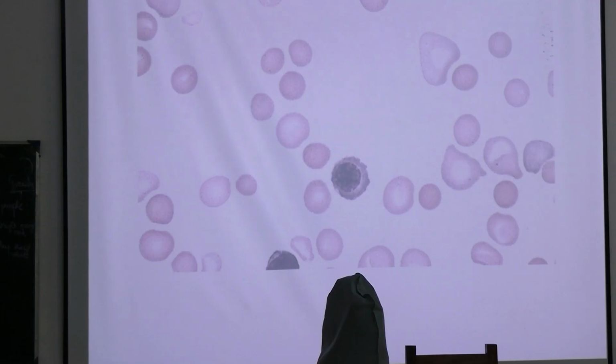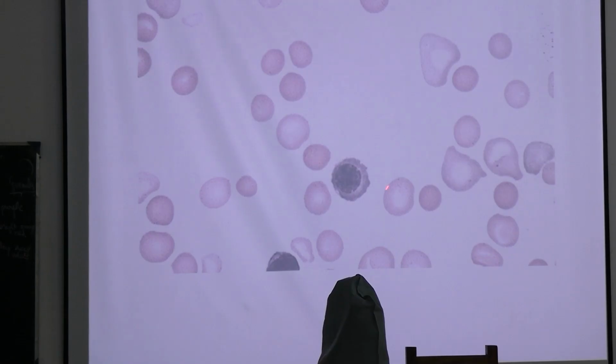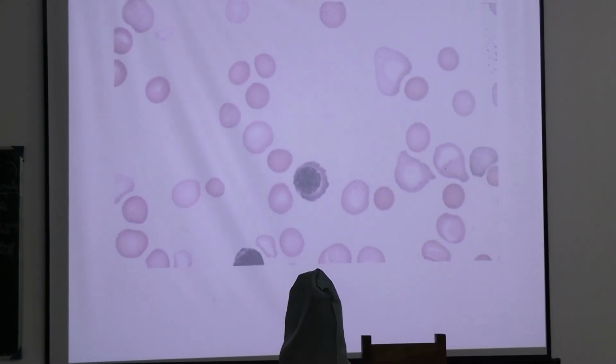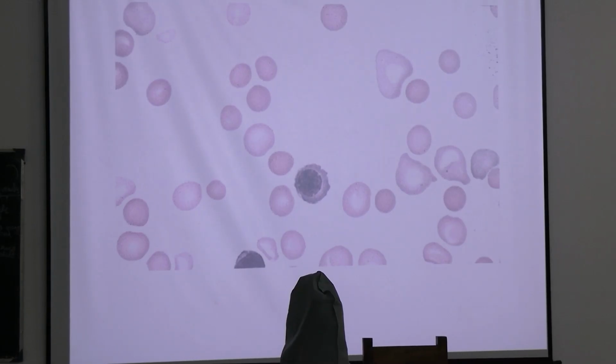Can anyone try from this side? Which cell is this one? Macrophage, no. Macrophage is a very large cell and it generally doesn't come in the peripheral blood smear. Anyone else can guess this cell?